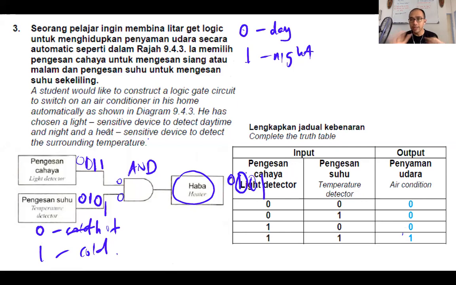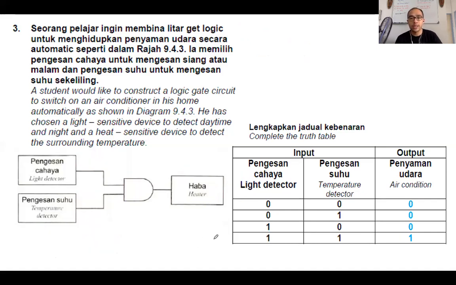But what if we follow the question properly and not the diagram? The diagram says heater. But what if we follow the question and say that this is not a heater, this is an aircon. We know that the AND gate needs both inputs to be 1 for it to turn on. So let's think about it. When do we want the aircon to turn on? We usually want the aircon to turn on during the daytime, and if the temperature detector says hot.